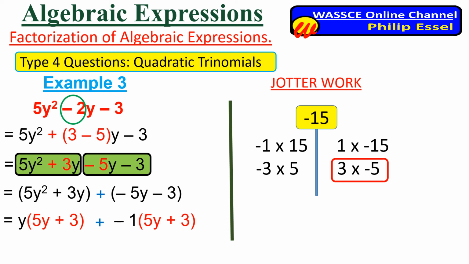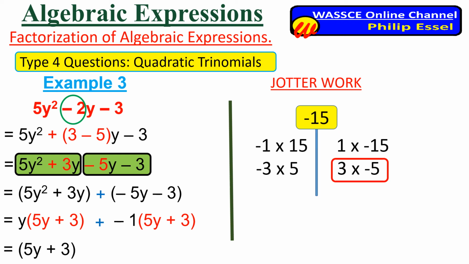At this point, you would realize that the common factor on both sides of the expression is 5y plus 3. So we would have to make our 5y plus 3 stand alone. So 5y plus 3. This will be multiplied by all of the items outside of the bracket merged together. The items outside of the bracket are y and negative 1.